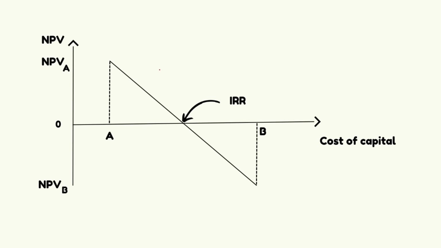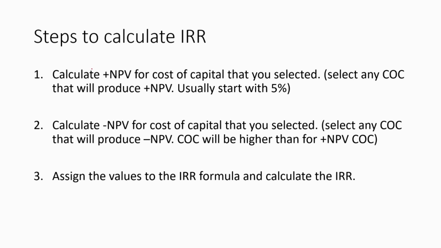In order to calculate the IRR value, we need to find the NPVA value, which is a positive NPV value, and we need to find the negative NPV value, as well as the respective cost of capital for those two NPV values. These are the steps to calculate the IRR. First, calculate the positive NPV for a cost of capital that you selected. Select any cost of capital that will produce a positive NPV.